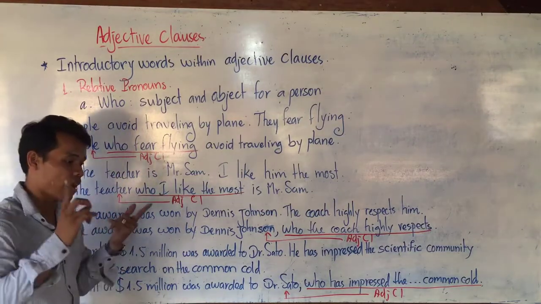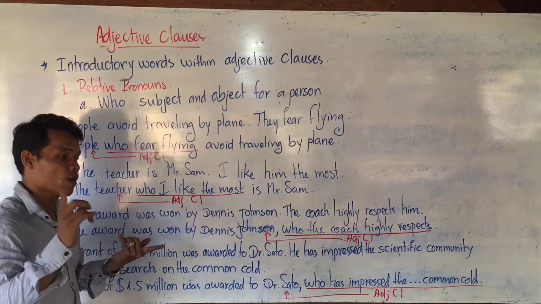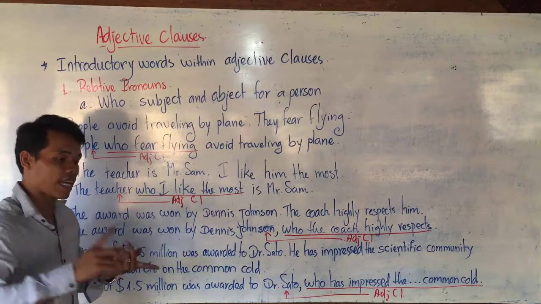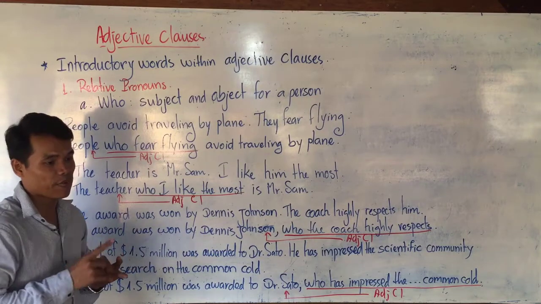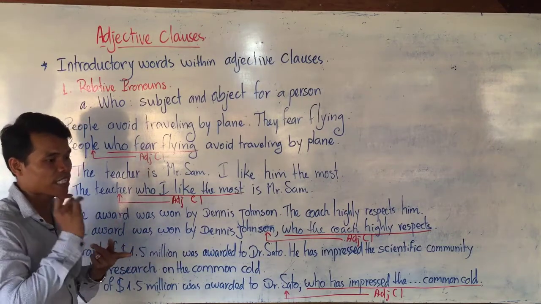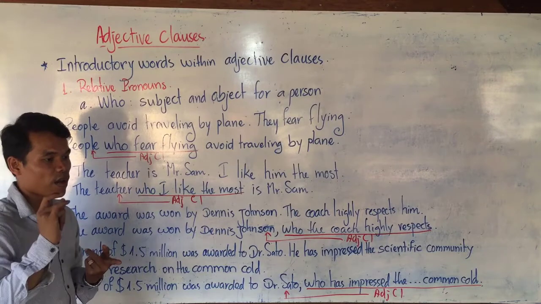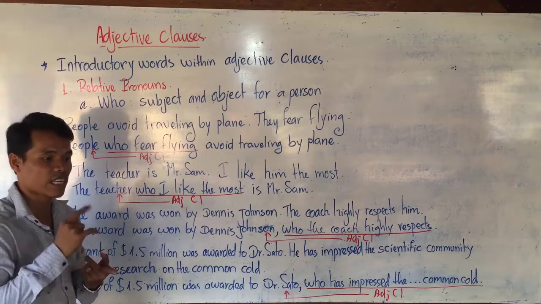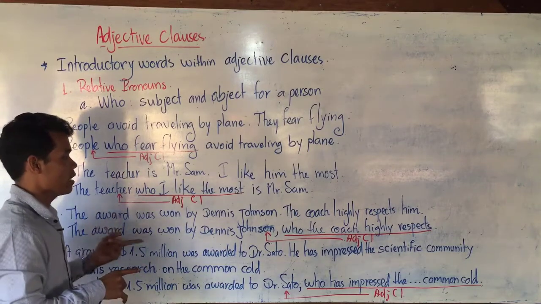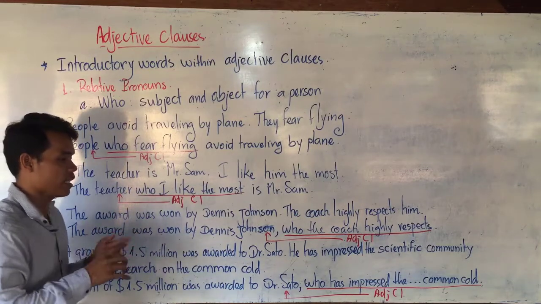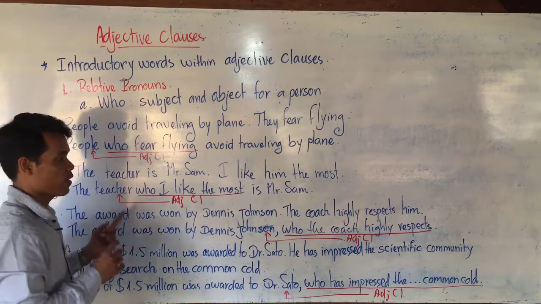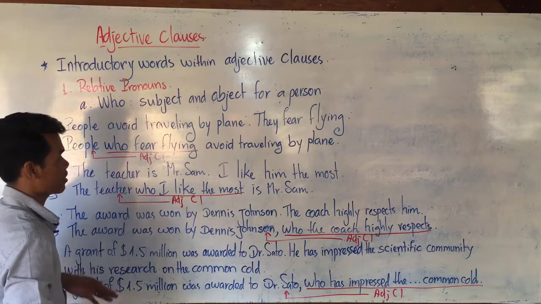We know that adjective clauses have two types: clause with comma and without comma. A clause with a comma is called a non-defining relative clause, which gives extra information that is not really essential to the meaning of the sentence. A defining relative clause, without a comma, gives extra information that is really essential to the meaning of the sentence.